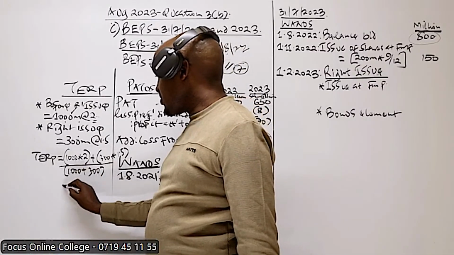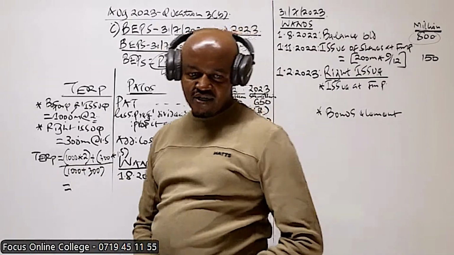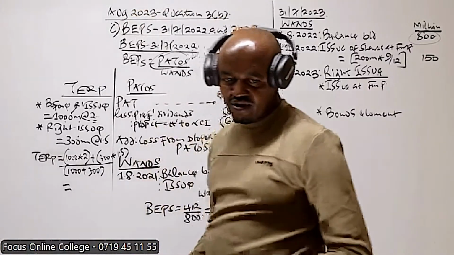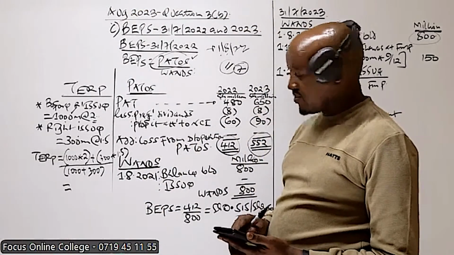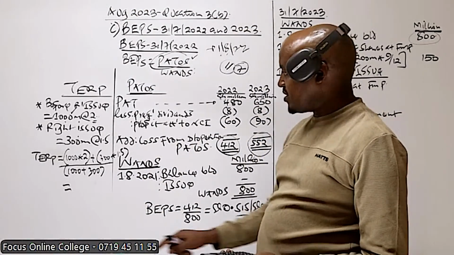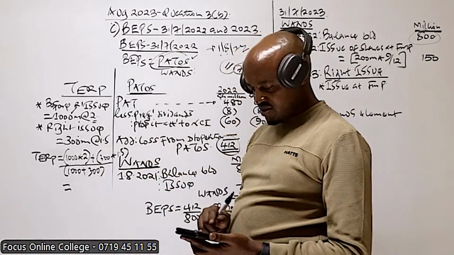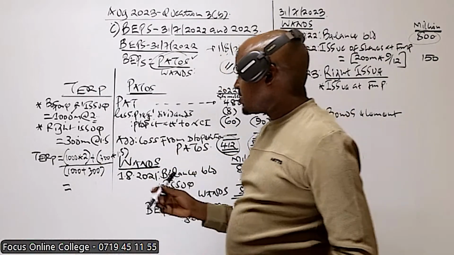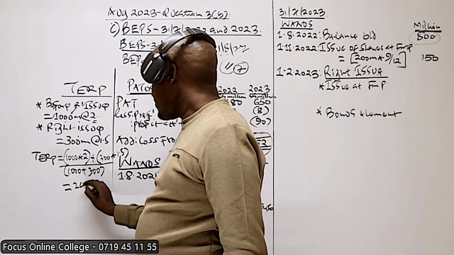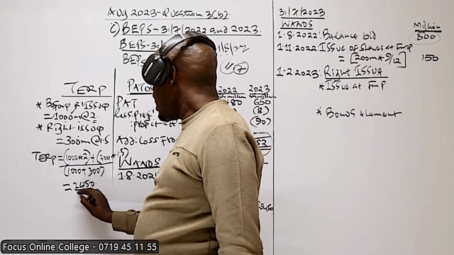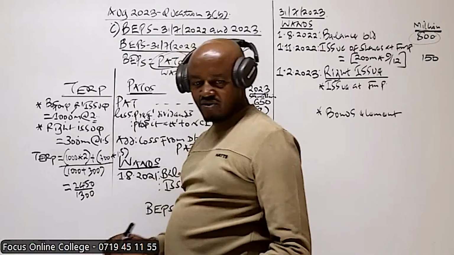That is simply how you compute the theoretical ex-rights price. So let's finalize on this. We have this one is 2,000, and this is 450. 2,450 divided by 1,300.